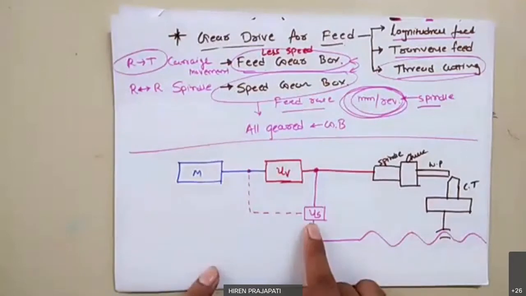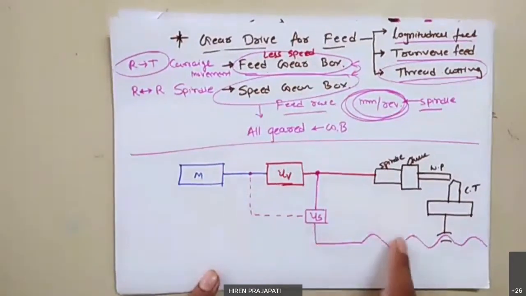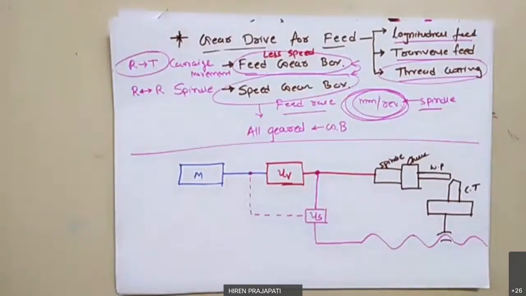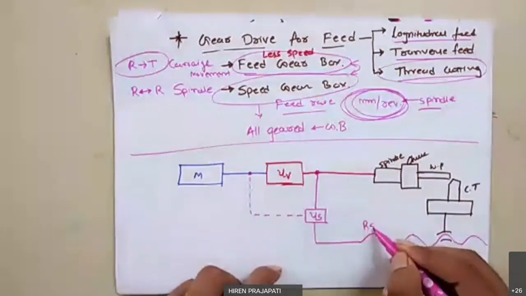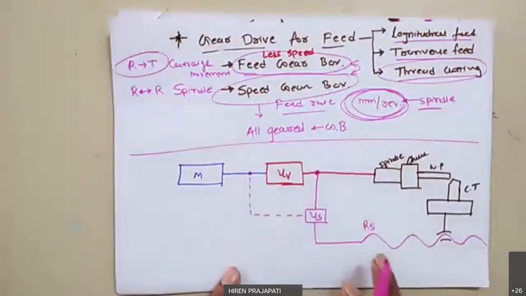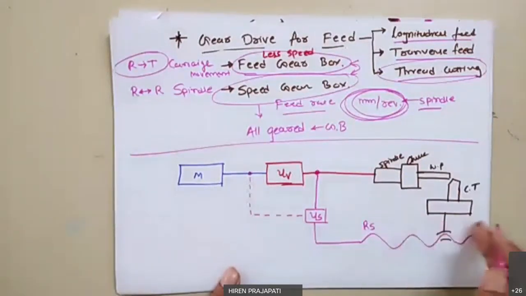So by changing the feed gearbox RPM, we change the speed of rotation of the lead screw. Let me call the RPM of the lead screw RS, and based on the pitch of this lead screw, you get again variation in the translation of this carriage.